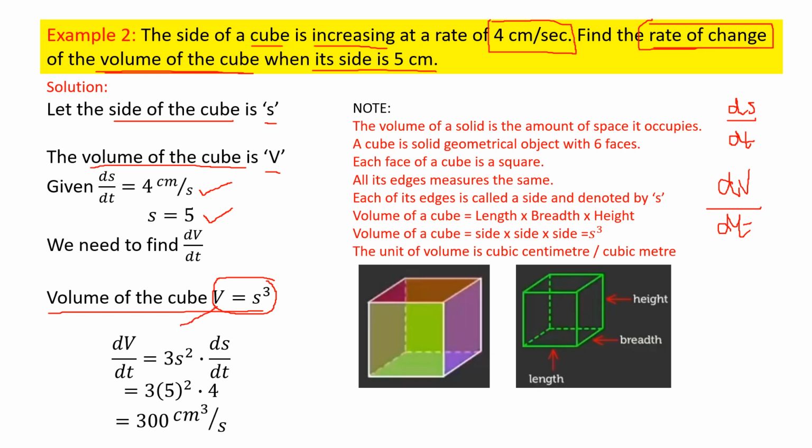So V will become dV by dt. S denotes the side of the cube. So the derivative of S power 3 will give you 3S power 2. Using the chain rule, if I differentiate S with respect to time, we get dS by dt. In this equation, I am going to replace the S value. In the question, the S value is given as 5. So let me replace S equal to 5. This will give you the final answer as 300 centimeter cube per second.